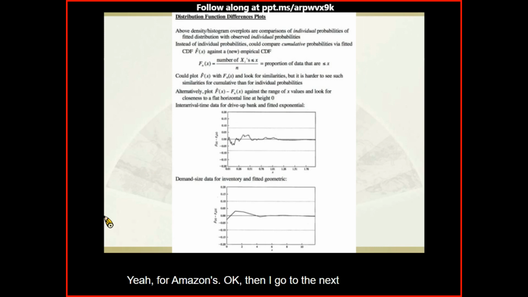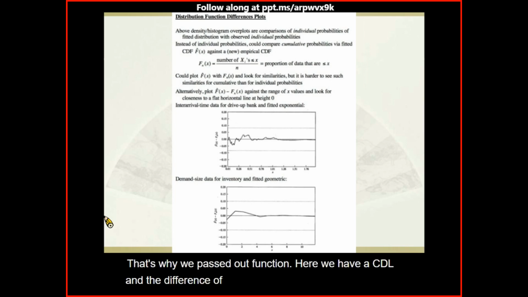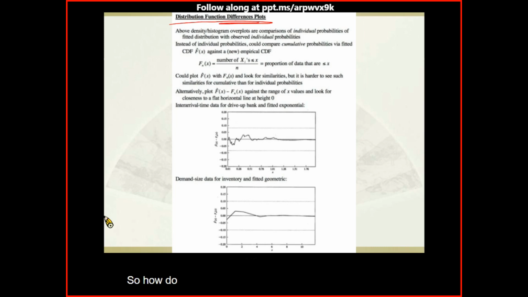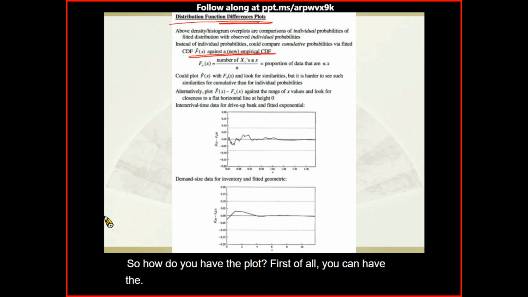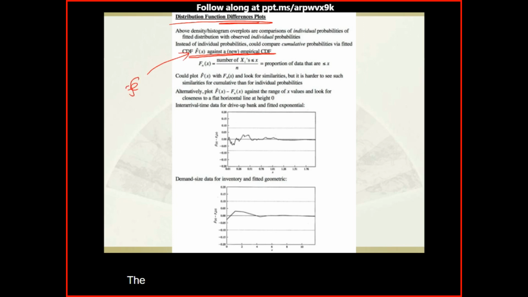Next one, we pass on to the distribution function. Here we have a CDF and the difference of a CDF. So how to have the plot? First of all, you can have the fitted one, and the empirical one.